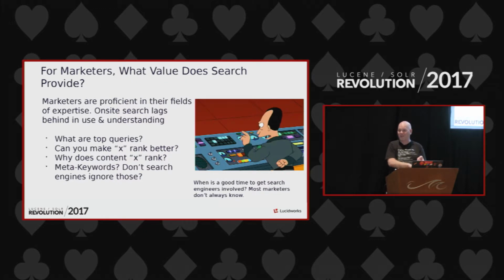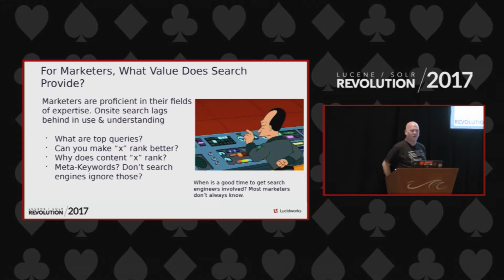Why does this piece of content exist? Or, this page sucks and it looks bad, fix it. And it's generally because they're ignorant of what search can do and how search influences content, how search reads content, things like that.